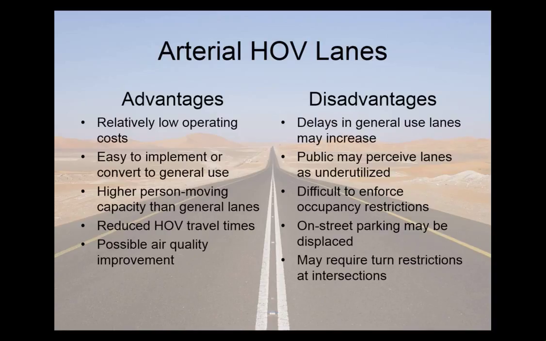The public may perceive HOV lanes as underutilized. If there aren't as many vehicles in the HOV lane as the general use lanes, it might be regarded as a waste. It can be difficult to enforce the occupancy restrictions. It's not always easy to tell if there are 2 or more people in a vehicle.